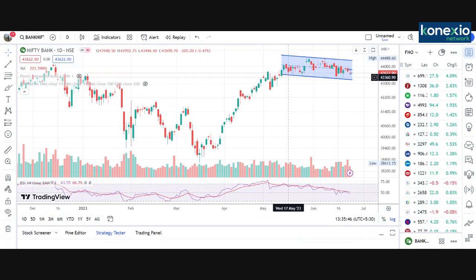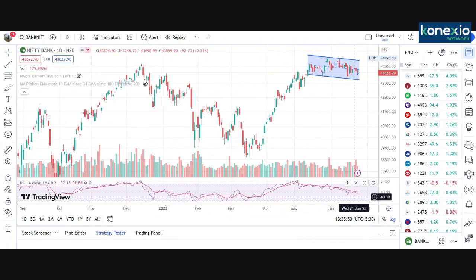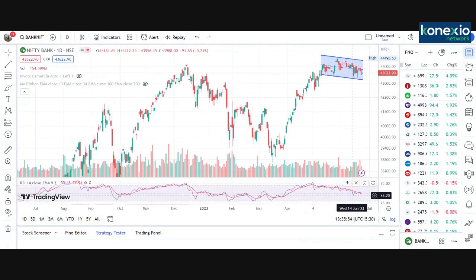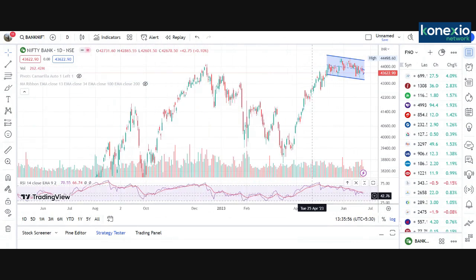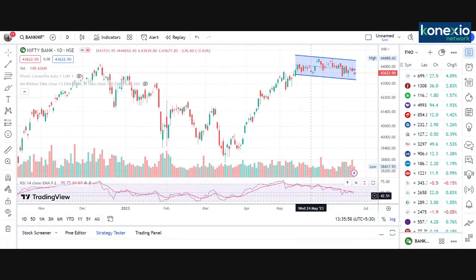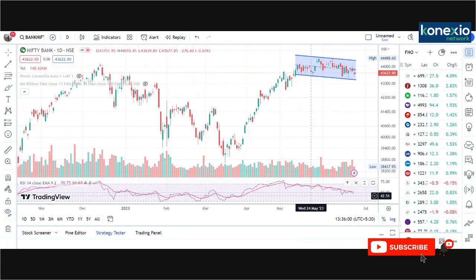43,350. But looking at this consolidation, and RSI has also corrected, it has just tested the 50 mark, which is a very comfortable level. From there, we might see a sharp recovery or a bounce back from the lower levels. So one needs to be cautious while going short.